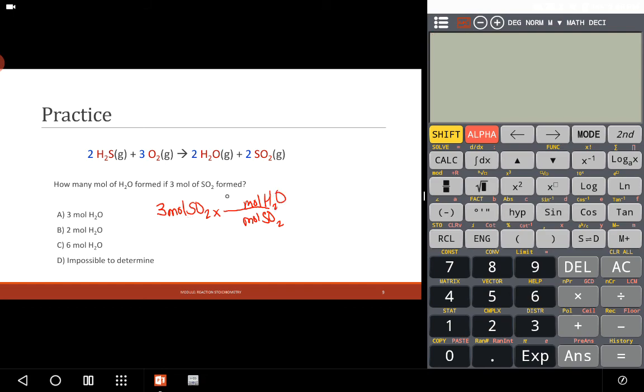That is a 2 here, and that is a 2, so that's going to be equal to 3 moles of H2O. Our moles of SO2 cancel. 2 over 2 is 1. 3 times 1 is 3. So 3 moles of H2O.